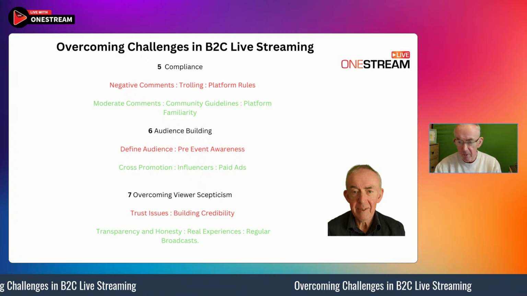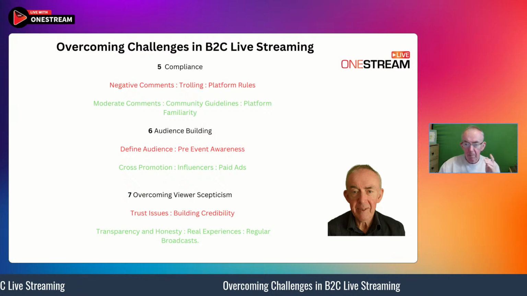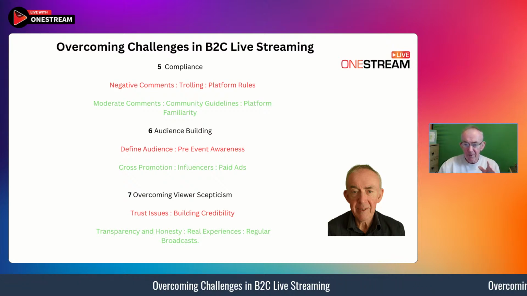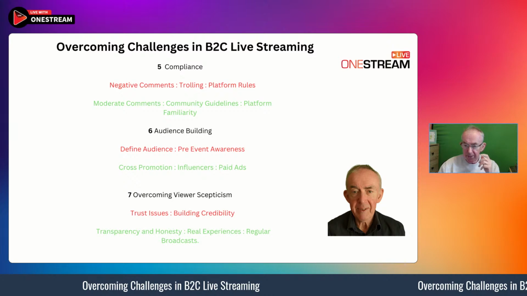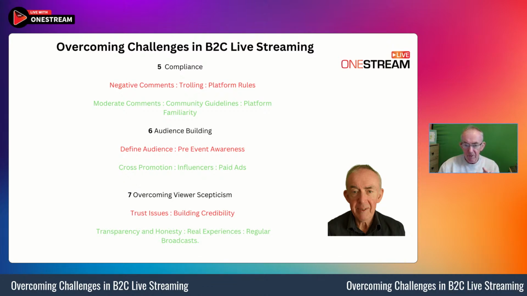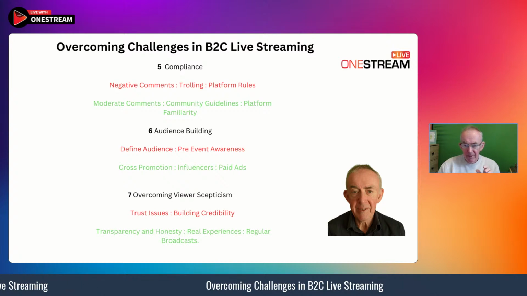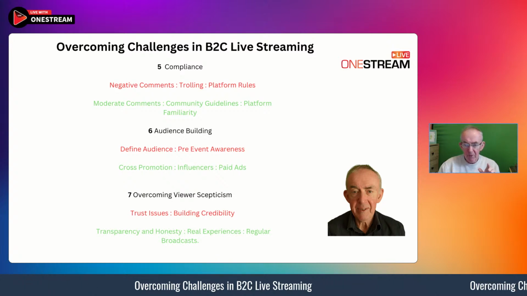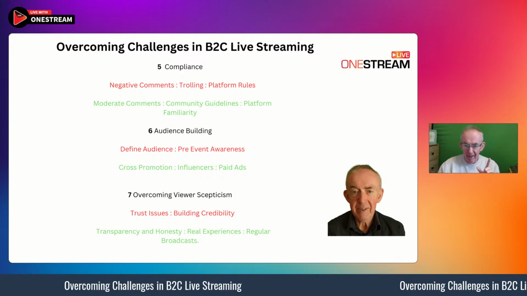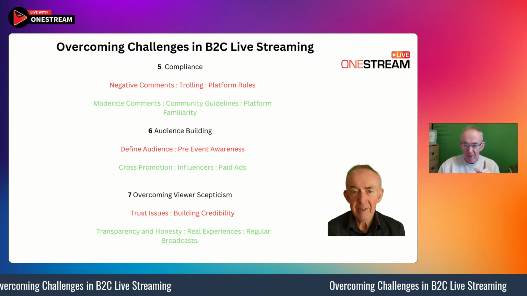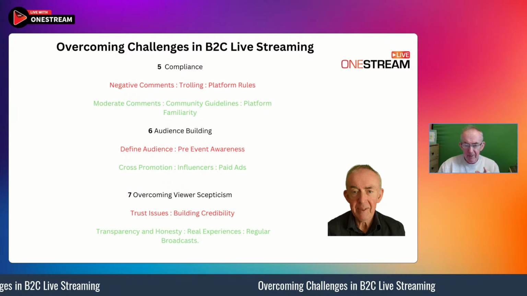So define your audience, decide what you're going to do. But with the likes of OneStream Live, you can broadcast to several different places at the same time. So building an audience just got easier because you can broadcast to Facebook, to YouTube, to Twitch. And if you pay, you can broadcast to Twitter. You can broadcast to LinkedIn.